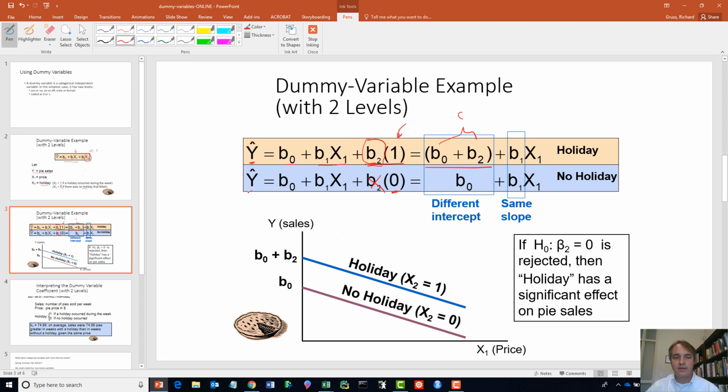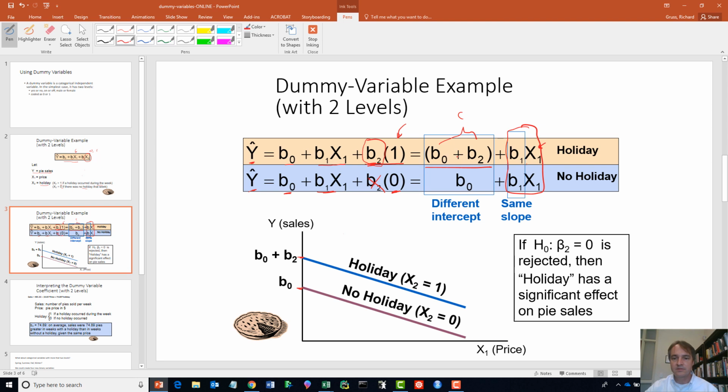So the estimate is actually just going to be the intercept plus that. Okay. So look what we have here. So both of these have the same, this part is the same. So the part that's actually multiplied by this price variable is the same, but what happens is we're adding a different constant. Now what that means is that we have two lines here with two different intercepts.